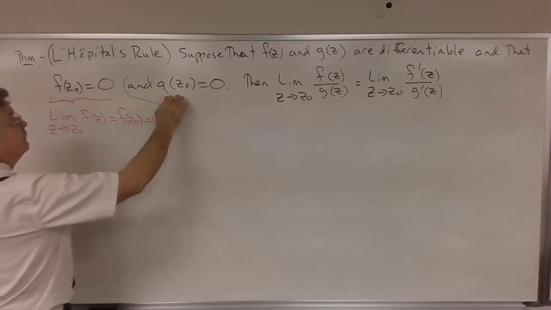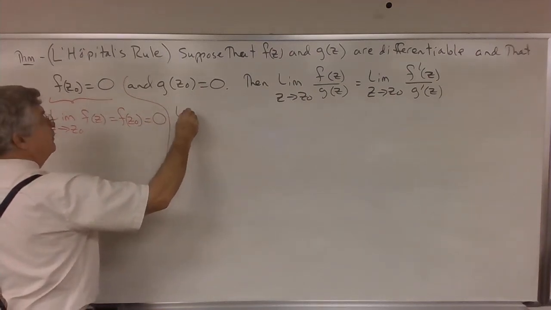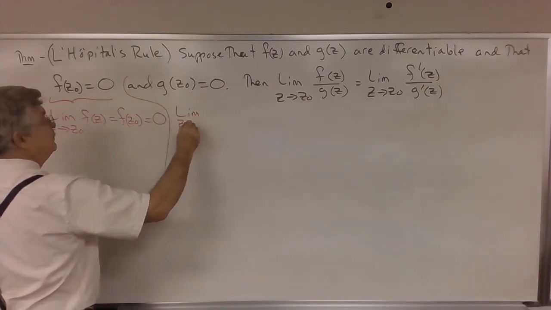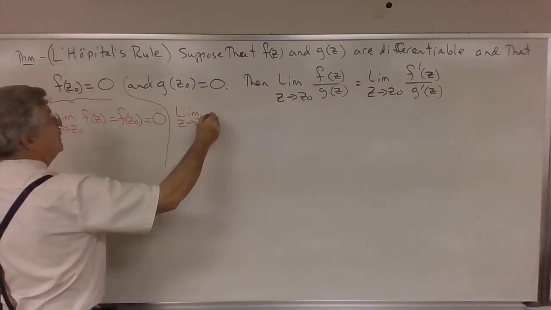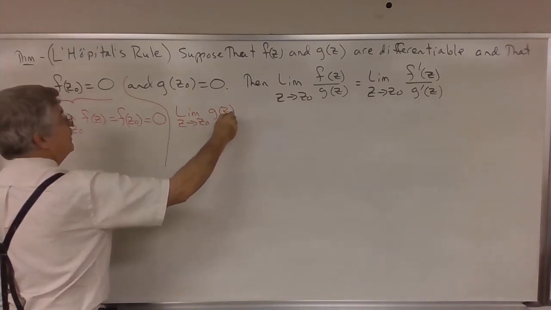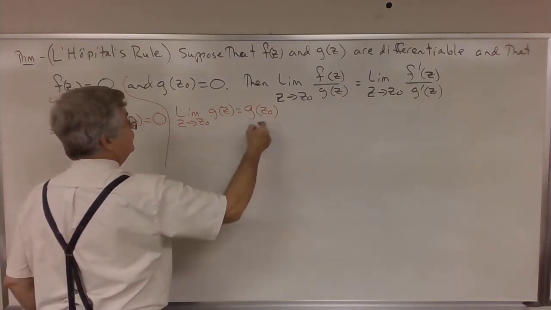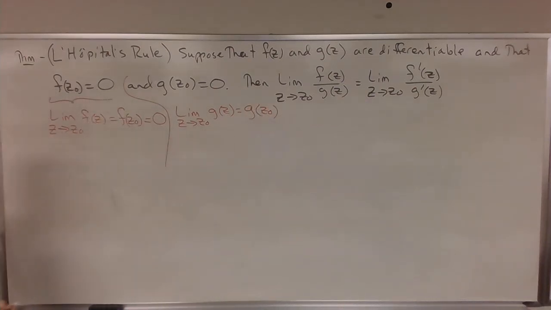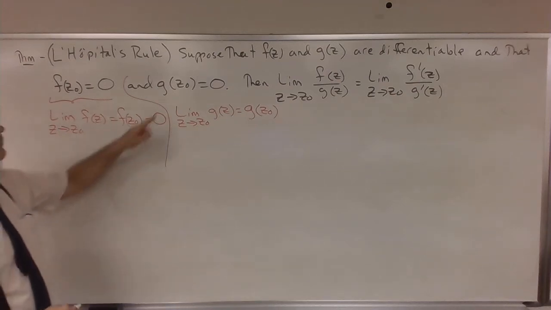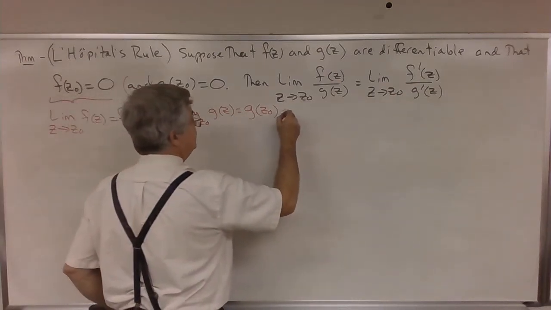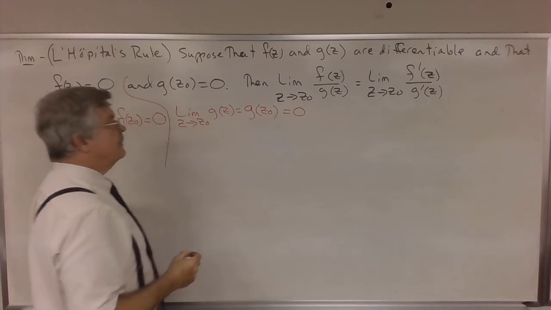And since g is differentiable, the limit as z goes to z0 of g of z is equal to g evaluated at z0 because it's continuous. But we're told that g evaluated at z0 is 0.